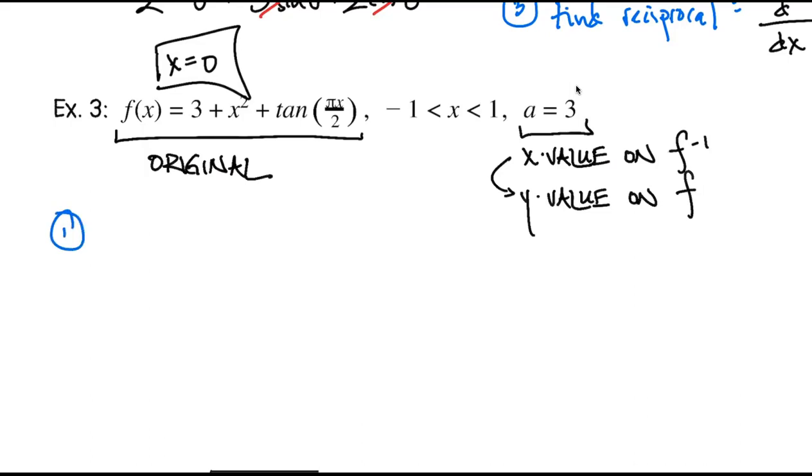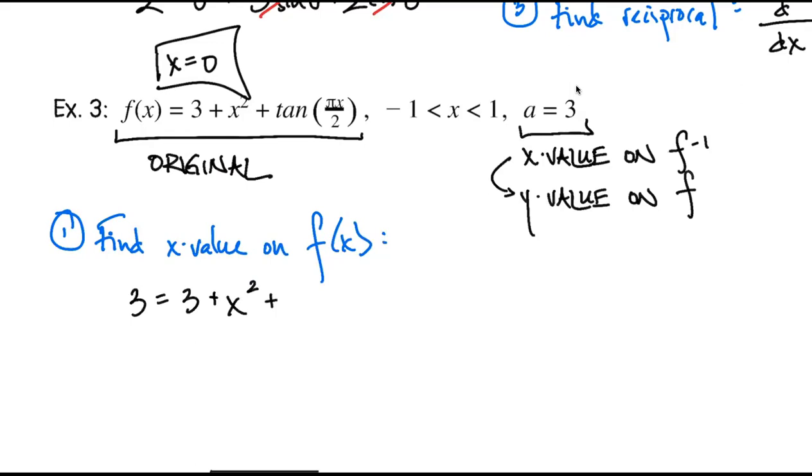First, we're going to find the x value on our f of x. This is where we take that a value, plug it in for f of x, and we guess and check to find our x value.